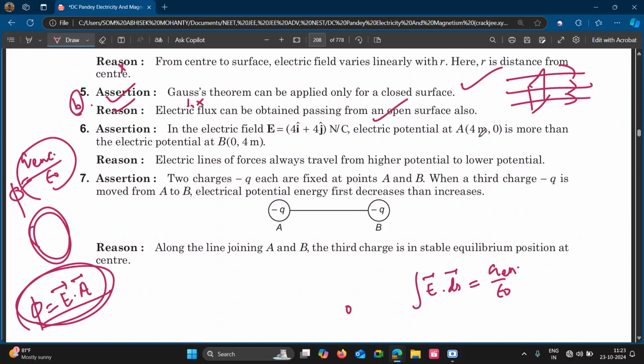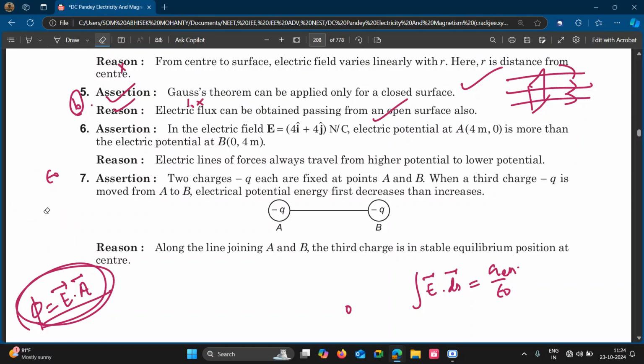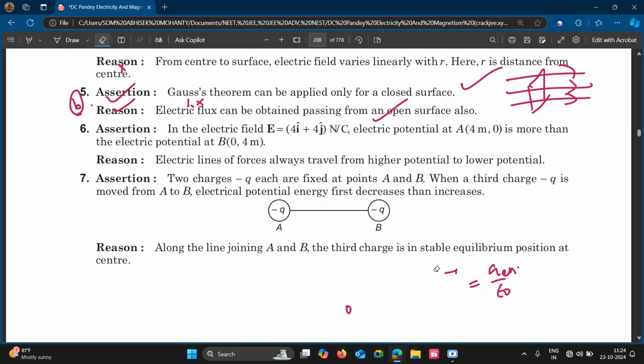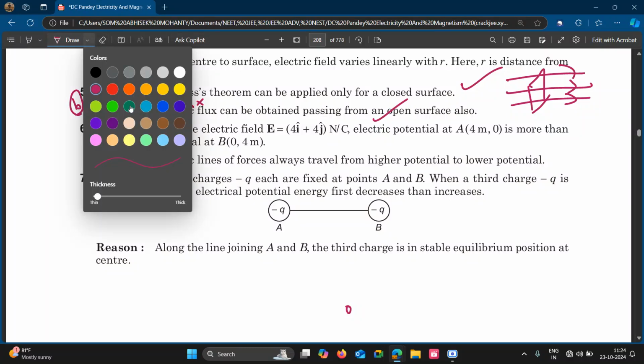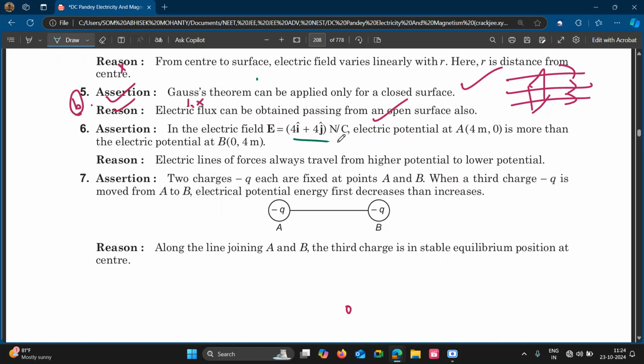Next, number 6. Assertion. Okay, let's see. In the electric field, E is equal to 4 i cap plus 4 j cap Newton per Coulomb.